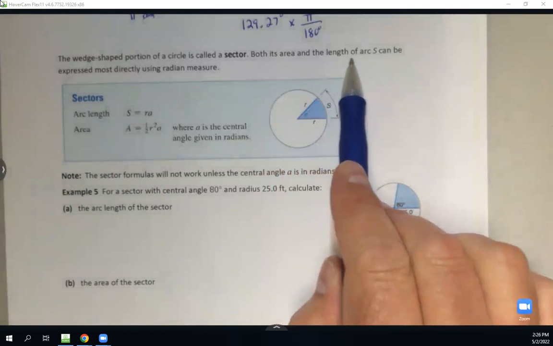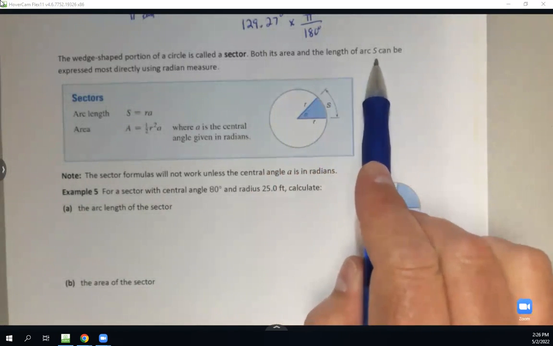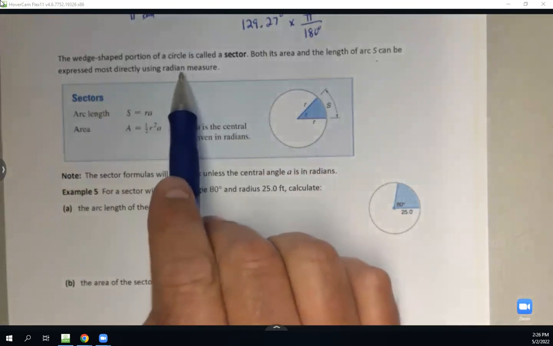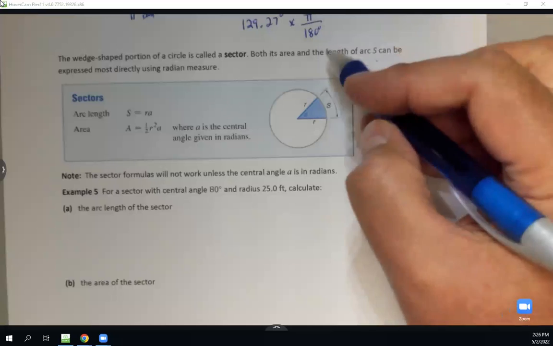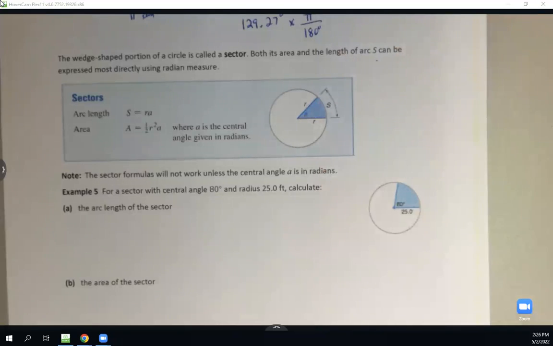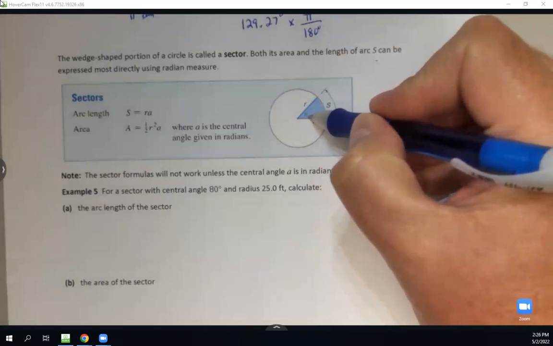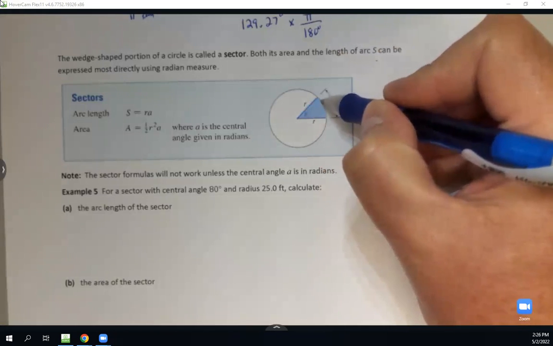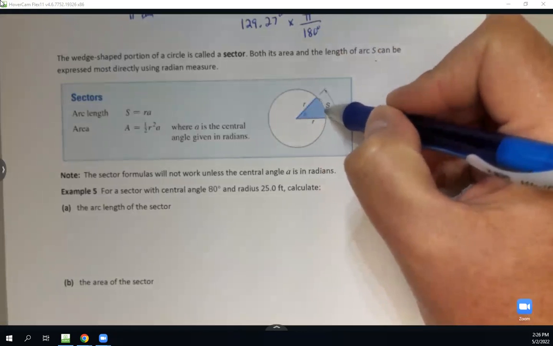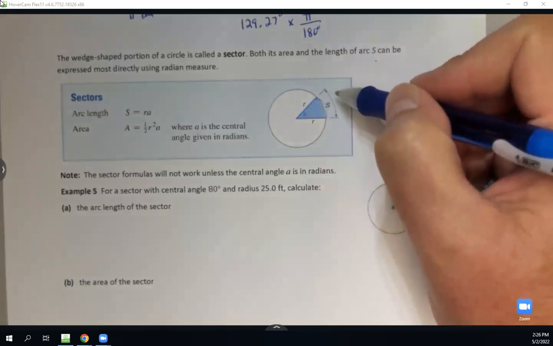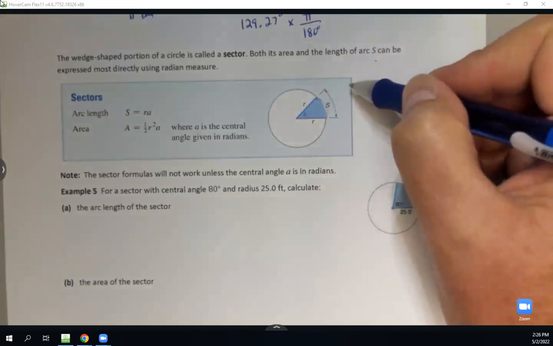Both its area and the length of arc S can be expressed most directly using radian measure, okay? So if I have an angle here, let's say, and I want to know what is the length of the arc that is bound by this angle, then I can do that by using radian measure.